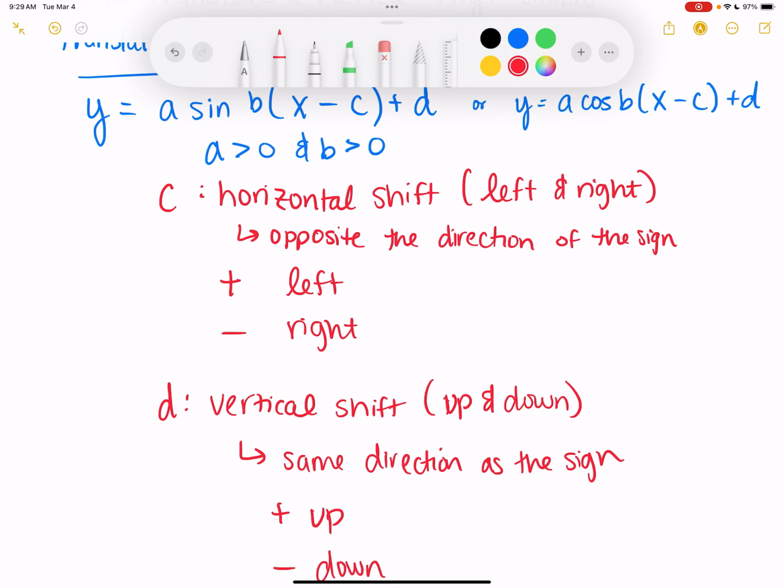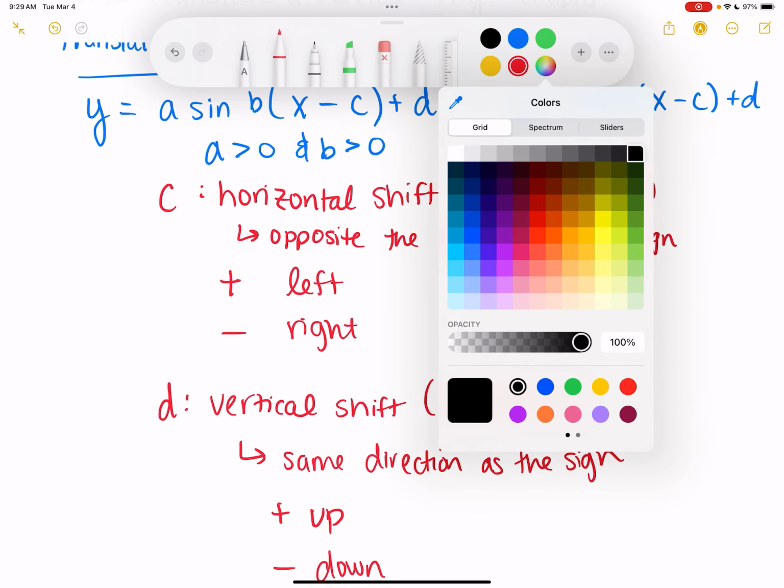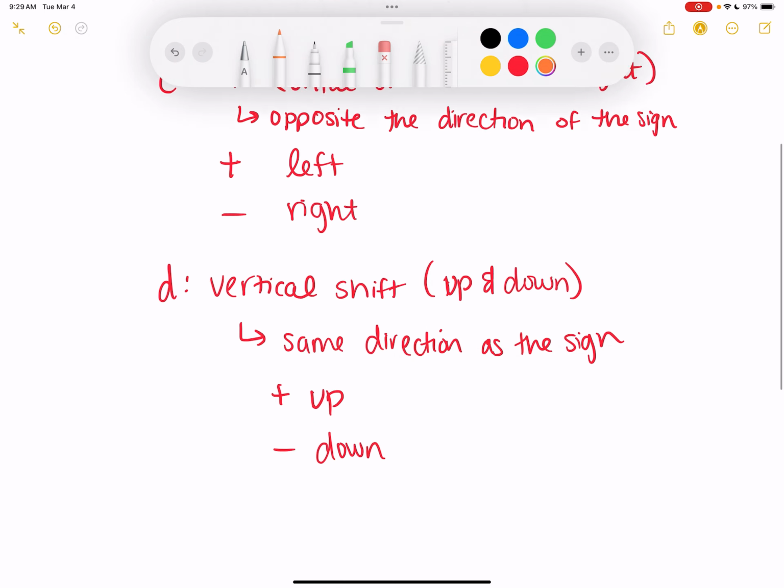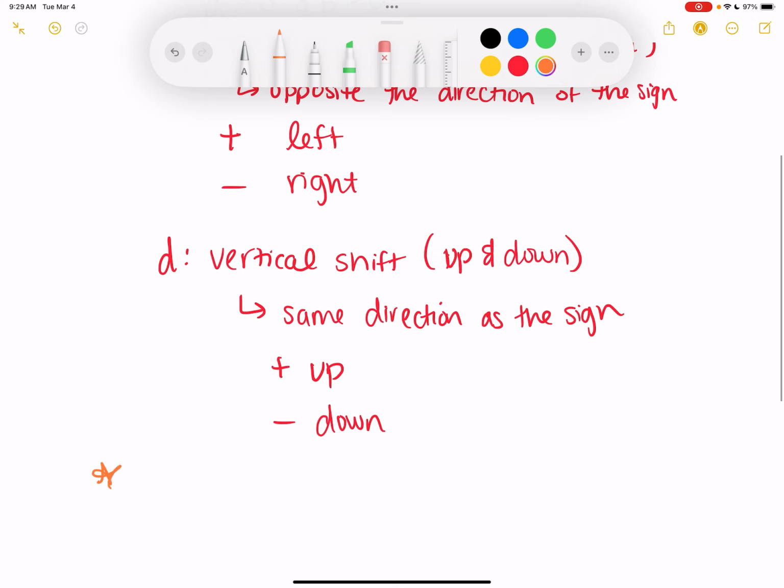All right, now obviously all of that was assuming that A and B were greater than 0, but we know that sometimes that's not the case. So if A is less than 0, it is reflected.